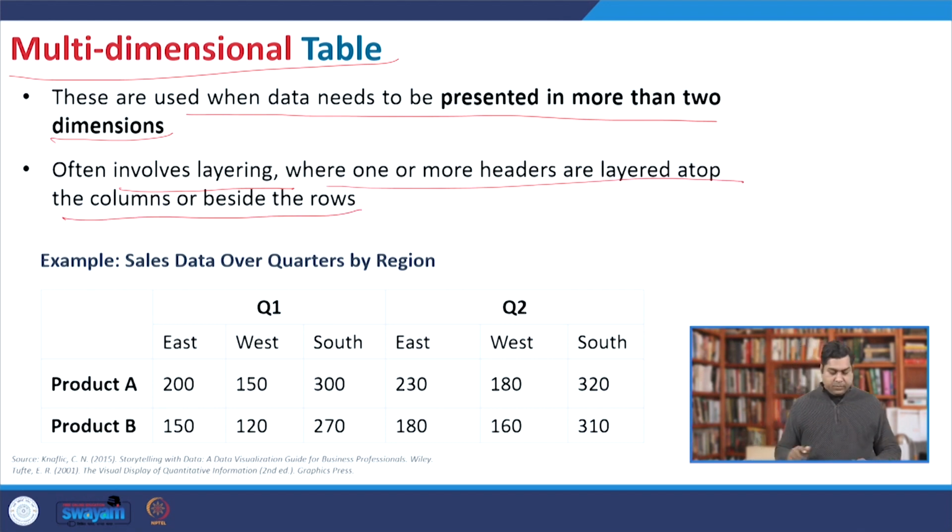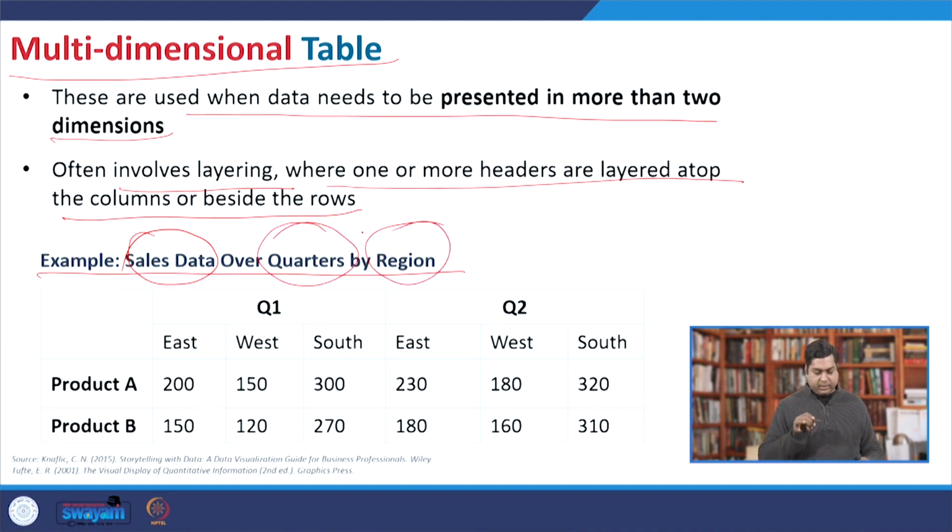In this case the example is the sales data for a particular company over quarters by region. You can see there is information about the sales data, the quarter, as well as the region, and the only variables we have here are product A and product B. So, that is why it is multidimensional.